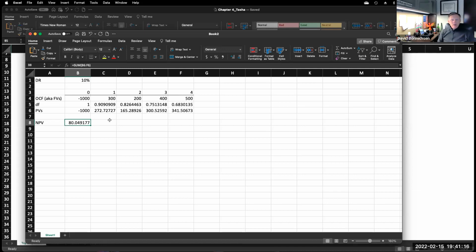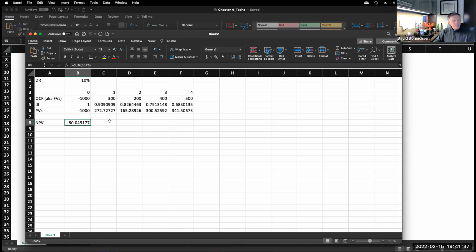Okay, so when we talk about the decision-making process around which project we choose or not choose, the decision-making criteria is net present value. If NPV is greater than 0, we do the project.